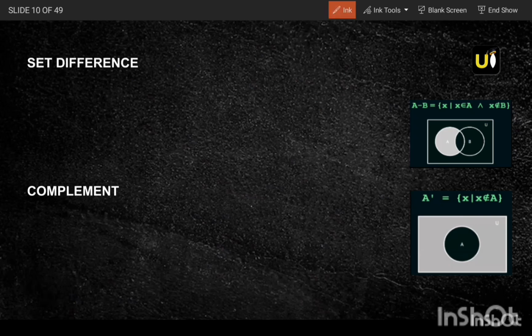Next, what is complement? See, here we are given a diagram. This is set A, and this is considered to be some universal set. What is a universal set? A universal set is a set that contains all the existing sets in it.